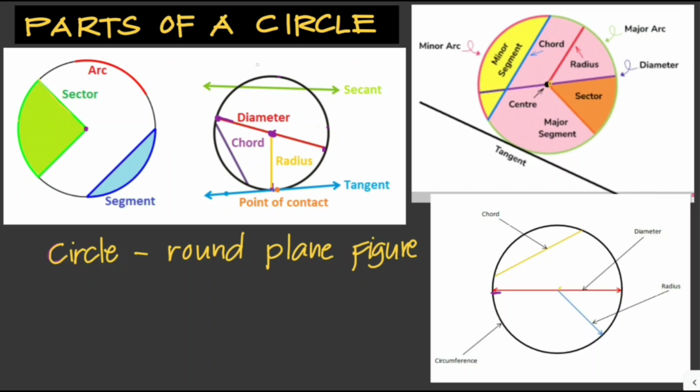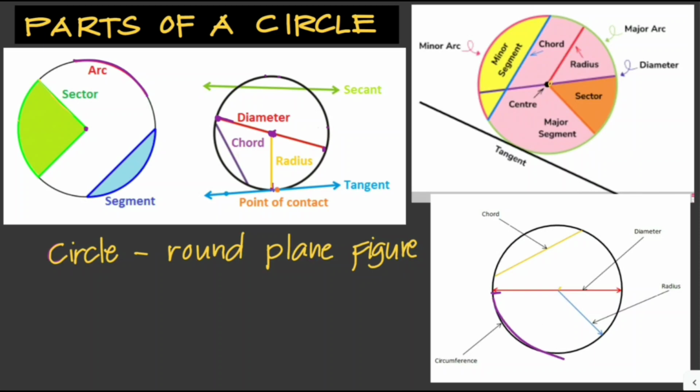And then the circumference. The circumference is the distance around the circle. So the whole thing here, that is the circumference. And then we have the arc. The arc is just a part of the circumference, this one here, or let's say this one here.